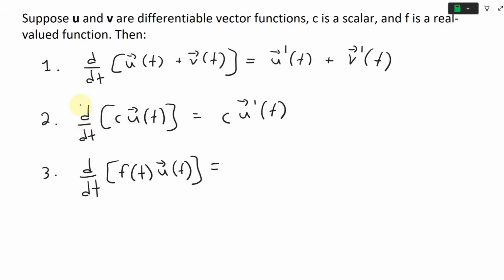This one would just have to use the product rule. So this will equal f prime of t times u of t, plus f of t times u prime of t. Okay, like that.